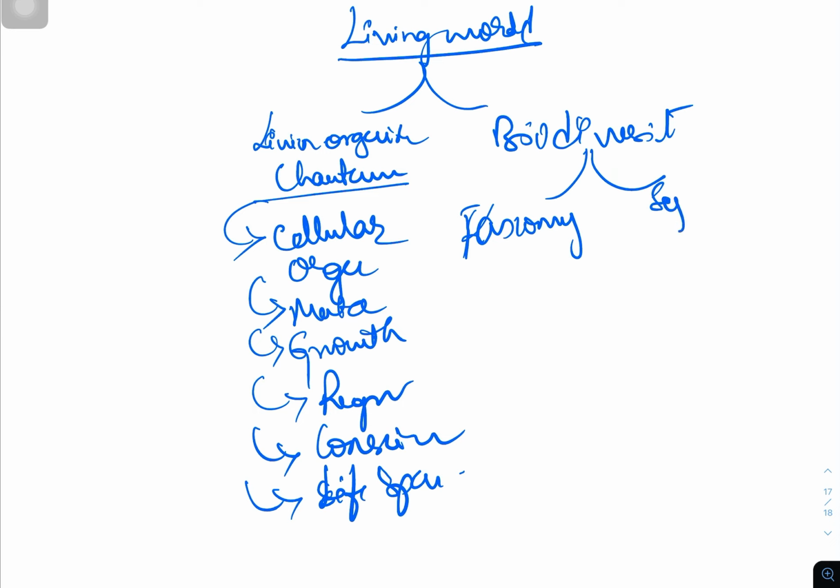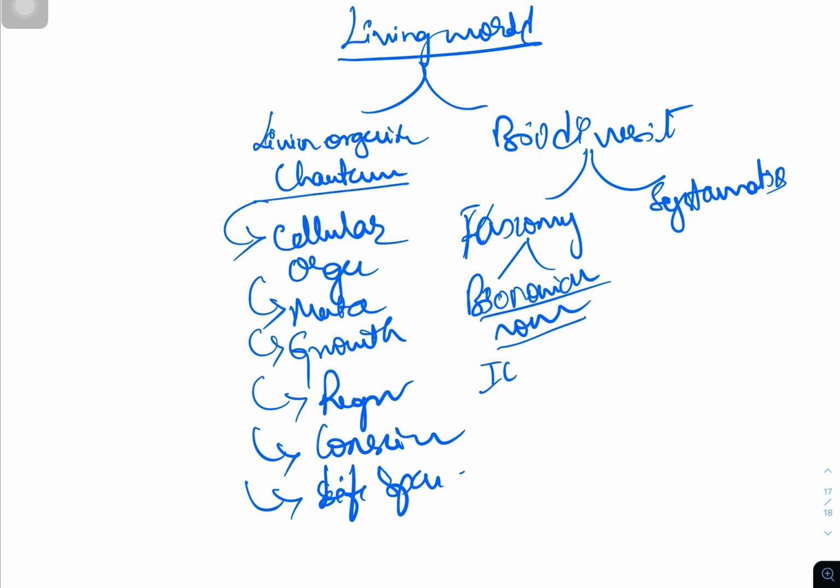Under taxonomy there is binomial nomenclature. So in order to name using binomial nomenclature, I need institutions like ICBN, ICZN. Then I will get a set of rules, isn't it?